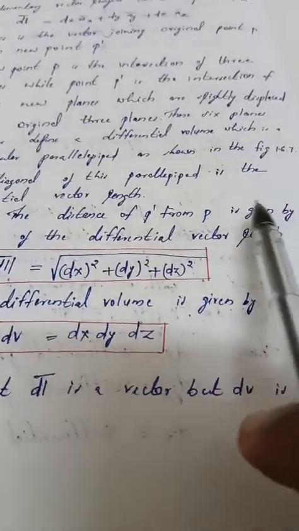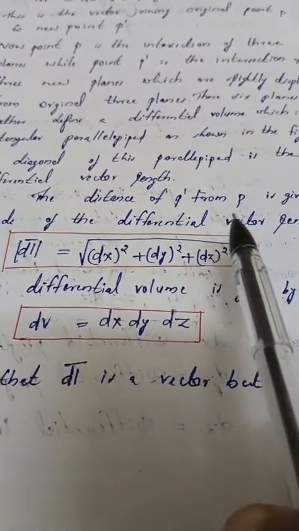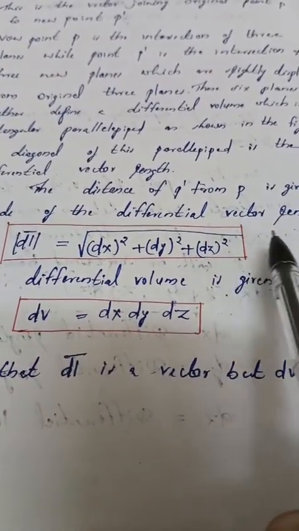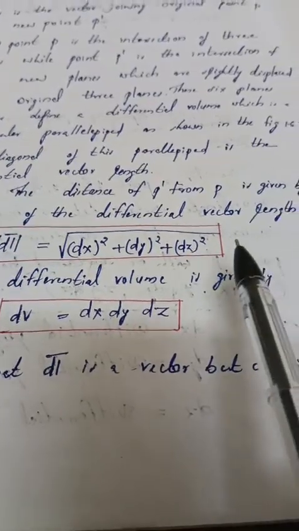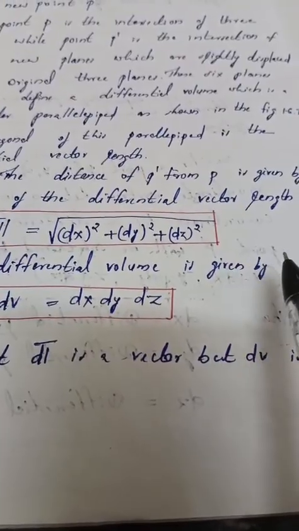The distance of P dash from P is given by the magnitude. The magnitude of dl vector equals root of dx square plus dy square plus dz square. Then the differential volume is given by dv equals dx dy dz.